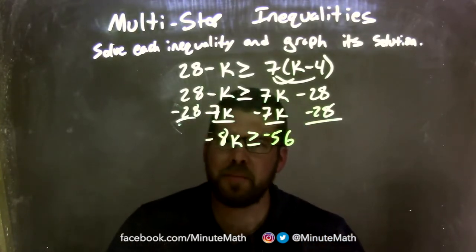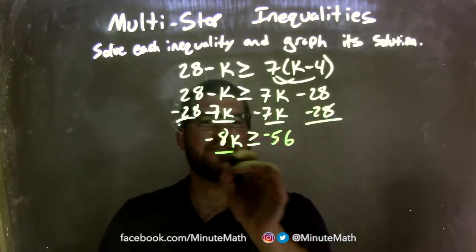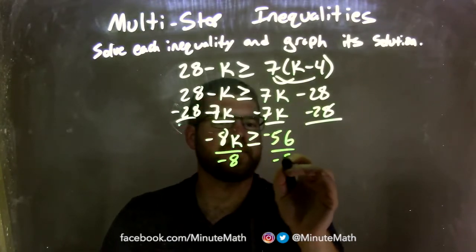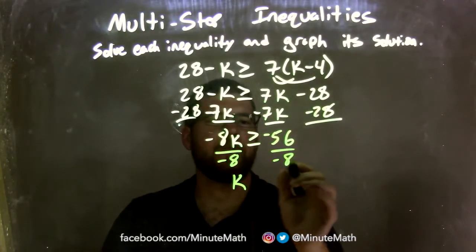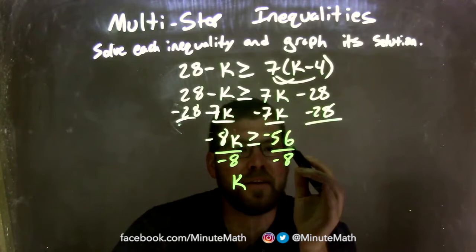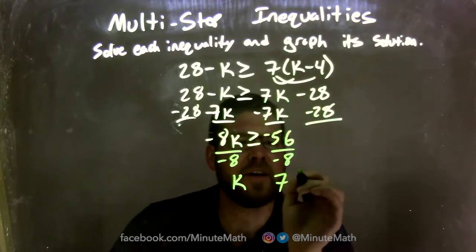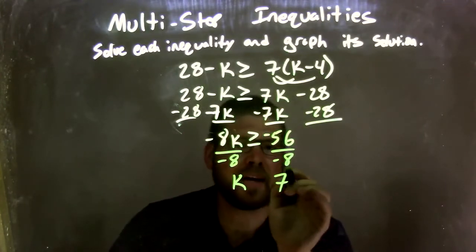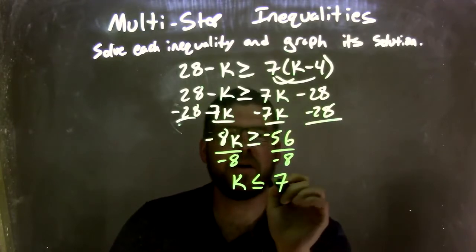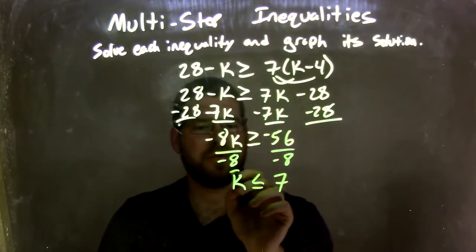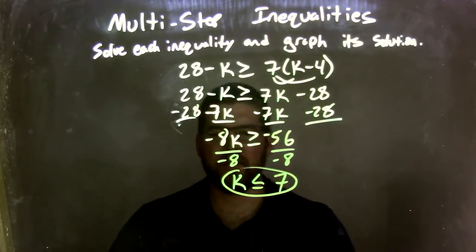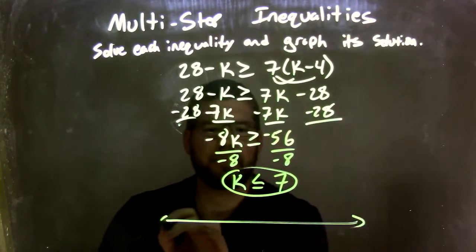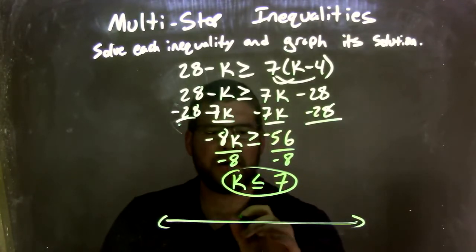So now we need to divide by negative 8 on both sides to get k by itself. So I divide by negative 8 here, leaving me with k by itself here. And negative 56 divided by negative 8 is a positive 7. And then, since I divide by a negative over the inequality, I flip that inequality from a greater than or equal to sign to a less than or equal to sign. Now we have k isolated, which is great, so now we need to graph it. So let's look at our number line here.